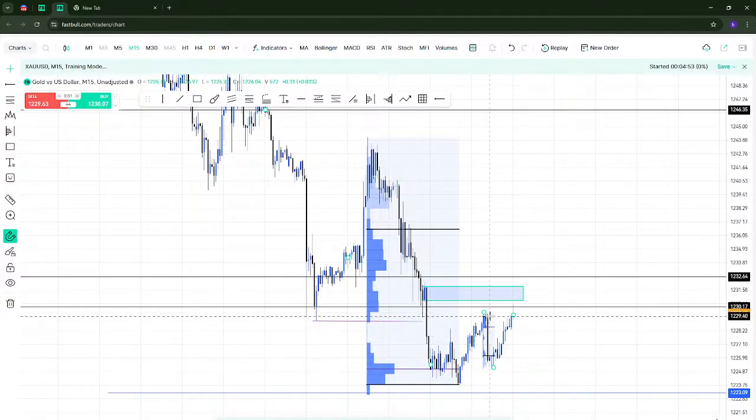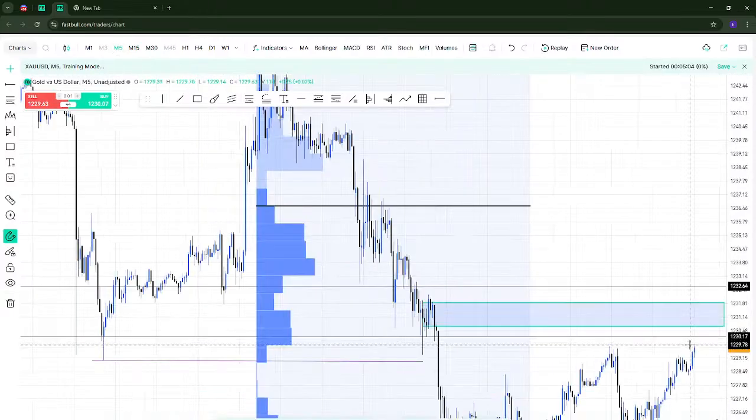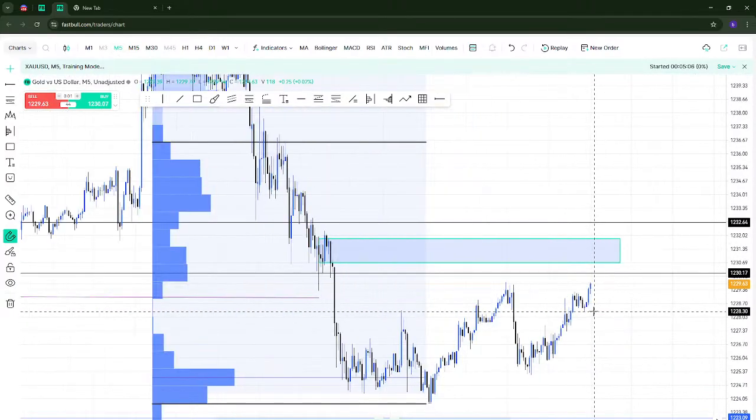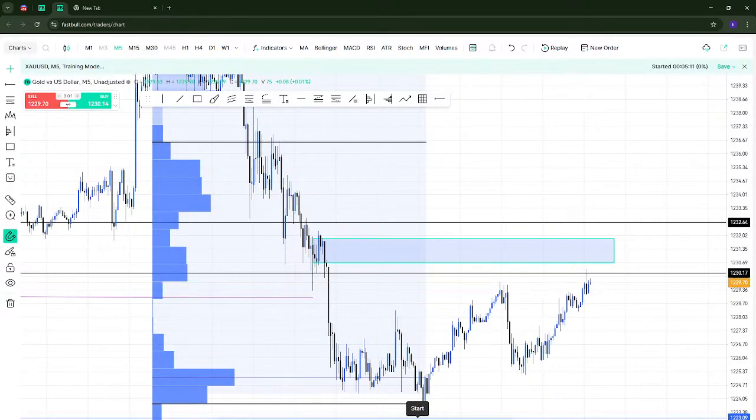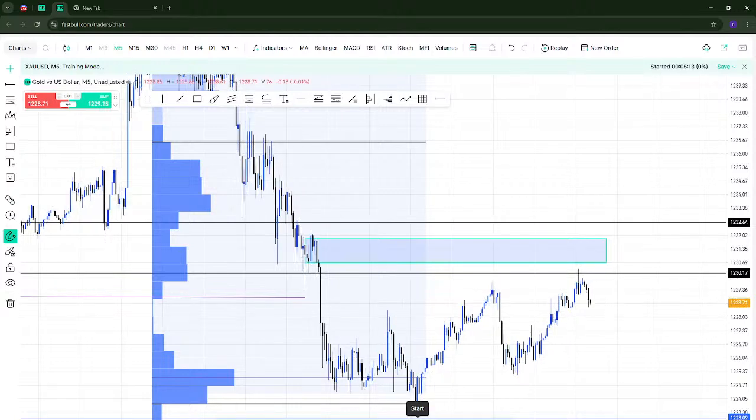It's just mediating the wicks and then comes and clears out now to the body. Now you can see the real entry can happen in the body. So that's how it's very conservative.